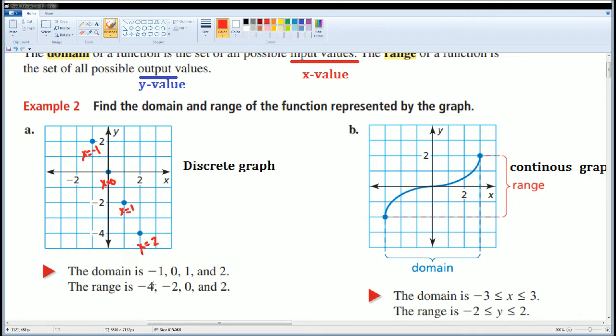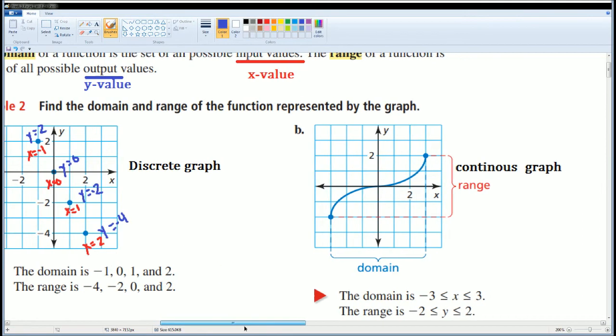This is why the domain is listed as -1, 0, 1, and 2. The y here is 2, here 0, -2, and here y equals -4. They just wrote it from least to greatest, so the range is -4, -2, 0, and 2. That's how they list it out.